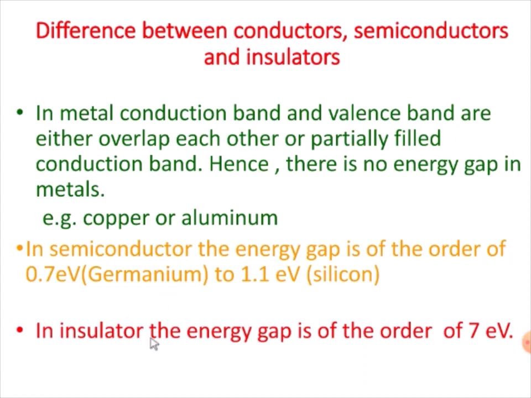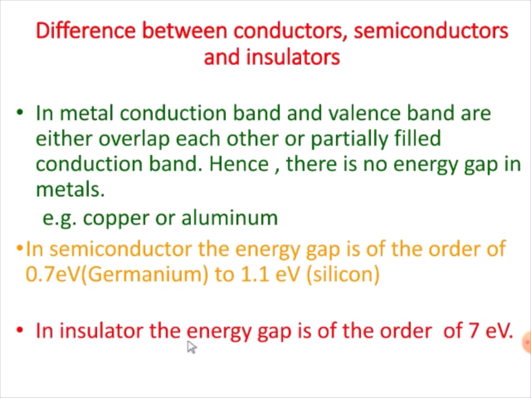But in the case of insulator, if the energy gap is greater than 3 electron volt, then it will be under the category of insulator. So insulator will have an energy gap of around or greater than 3 electron volt.